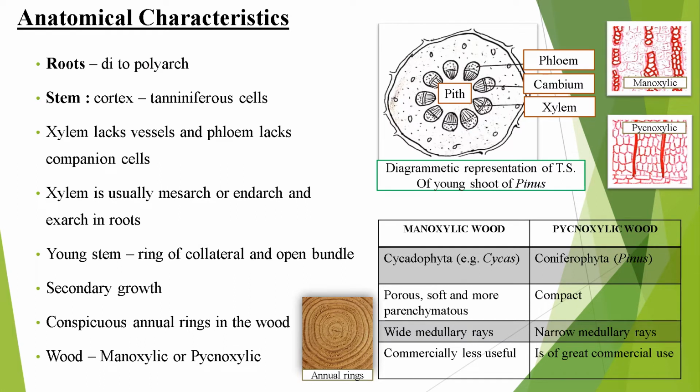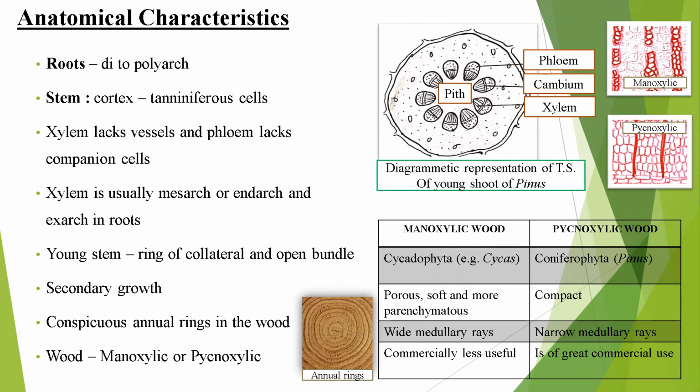Anatomical characteristics. In gymnosperms, roots are di-to-polyarch. In diarch roots, lateral roots arise between xylem and phloem strands, and in case of polyarch root, lateral roots arise opposite to phloem strands. In stem cortex, tanniferous cells are present.